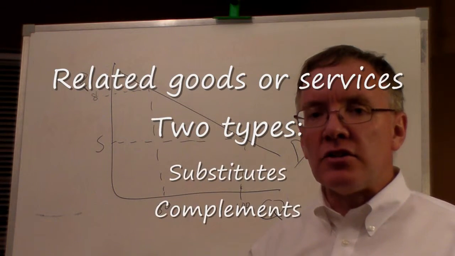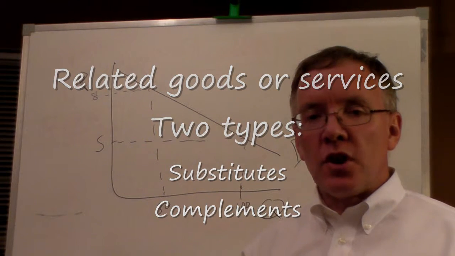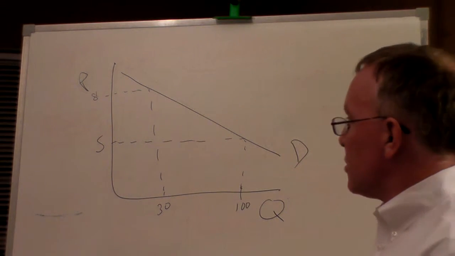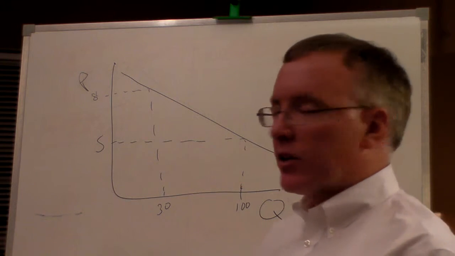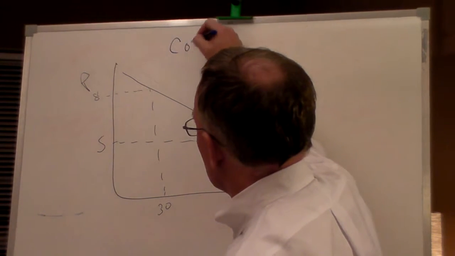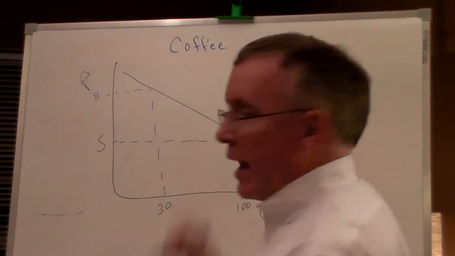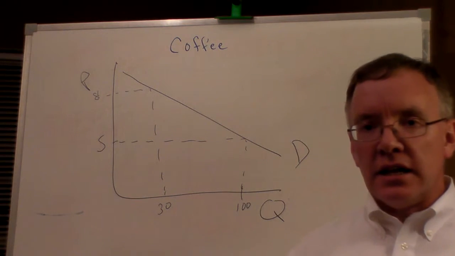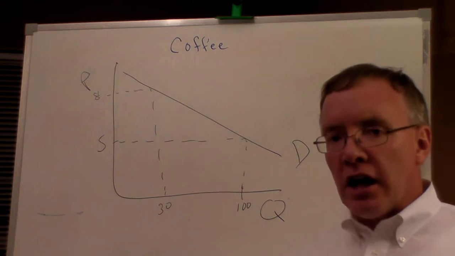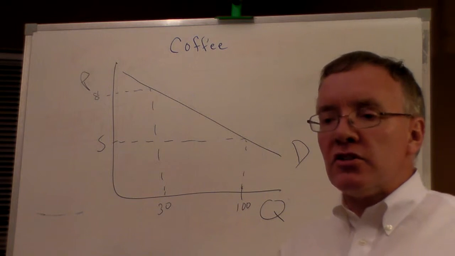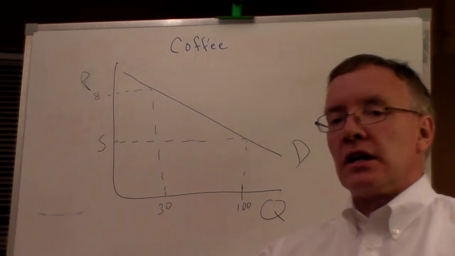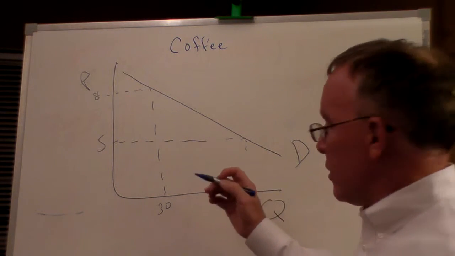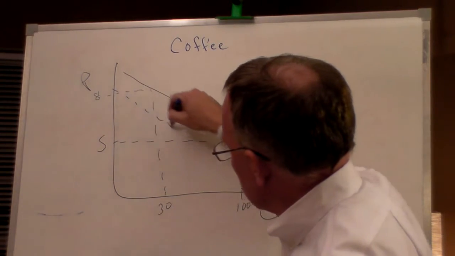And the related goods we put into two categories. One would be substitutes and the other would be complements. So let's say this was the demand curve for coffee, and consumers had the ability to buy coffee or tea. And if tea prices fell, that would mean more consumers would be interested in purchasing tea, and so the demand curve for coffee would shift downward.